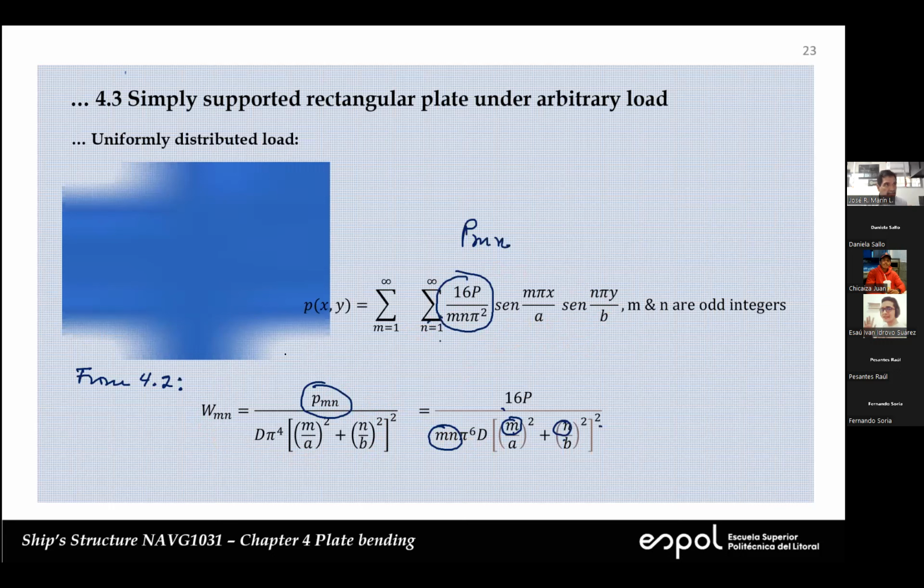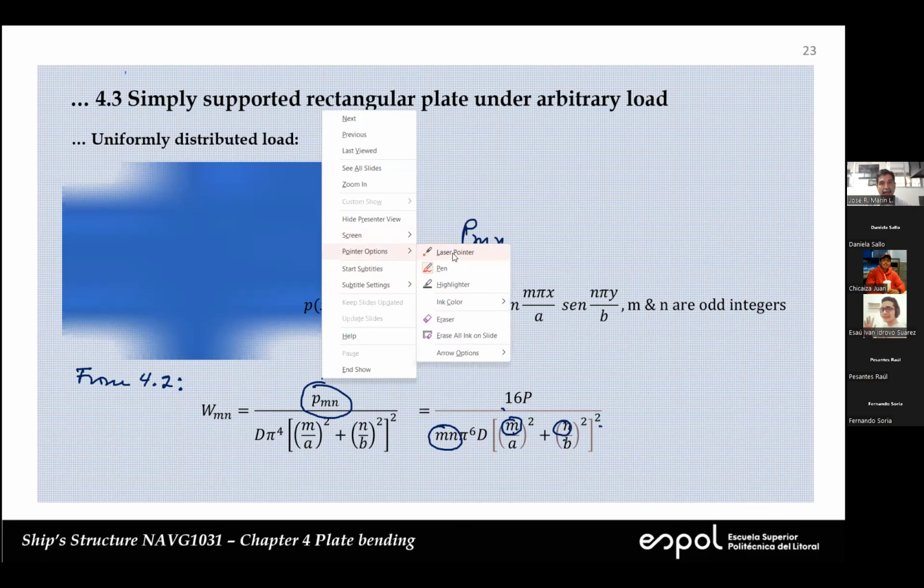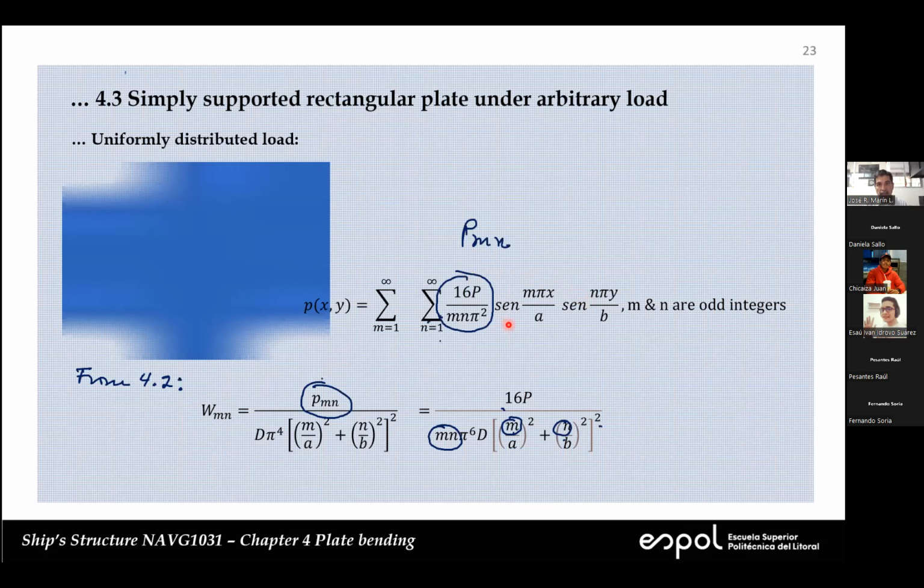Since this is a linear problem, what we're going to do is apply each one of these terms one at a time, and we get this. Then we can combine the solutions to each one of the individual terms, because it's a linear problem.